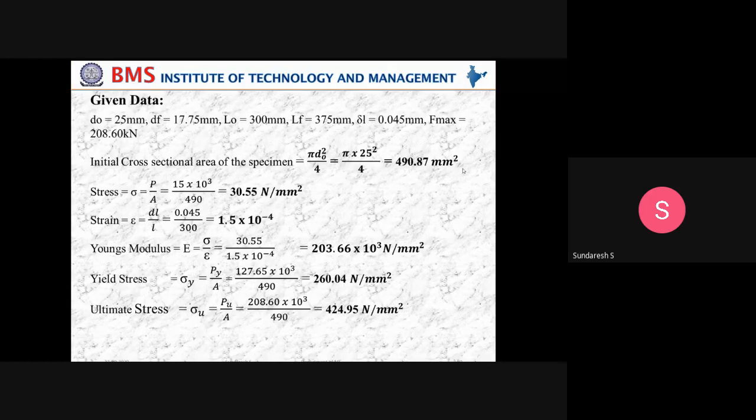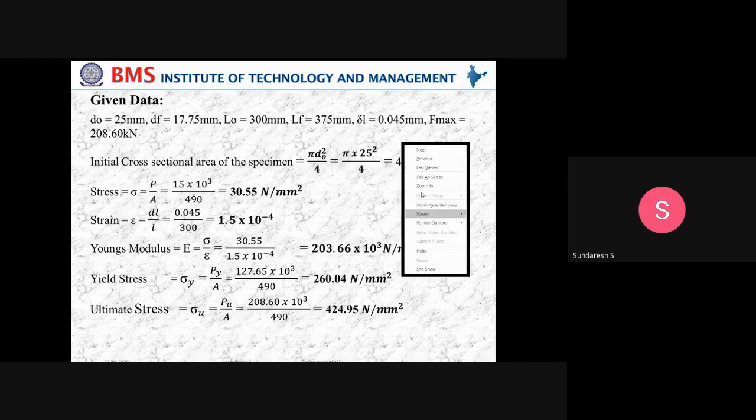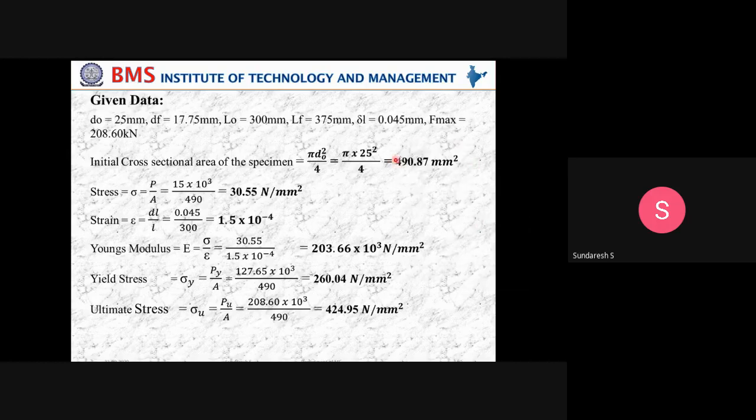Please do it on your paper, and try not to simply copy down the values. I want you to do it on your calculator, because this problem carries 10 marks in your examination. Simply substituting and copying the values definitely won't fetch you anything. In mechanics of materials, the final answer will count. If you have written the formula and substituted all the values correctly, but the final answer is wrong, you will get 0 out of 10.